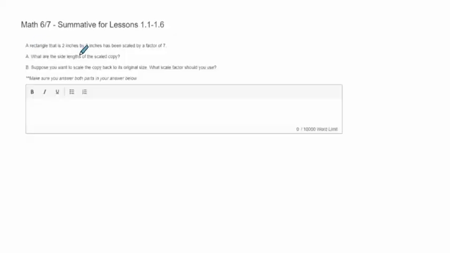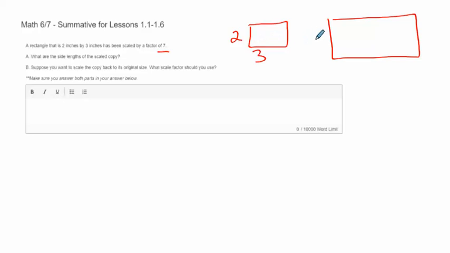All right, last one. A rectangle is a 2 by 3 rectangle, and it's been scaled by a scale factor of 7. That just means I'm multiplying everything by 7. So times 7, that'd be 14, and this would be 21. My new numbers would be 14 and 21.